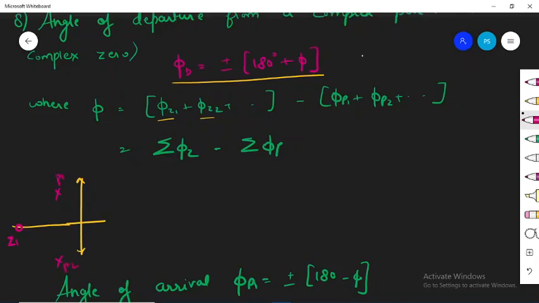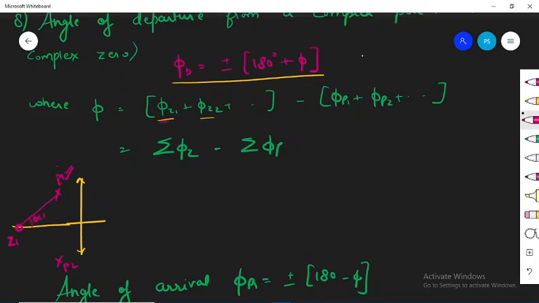Phi z1 is the angle which this zero makes with the complex pole for which we want to calculate the angle of departure. So if I draw a straight line over here, that is my phi z1.